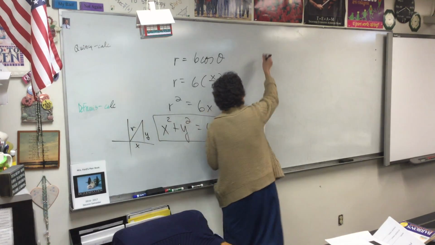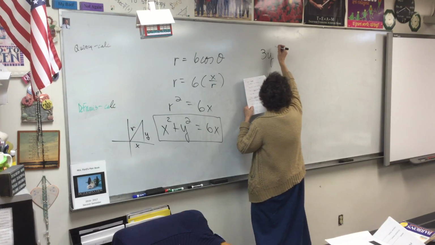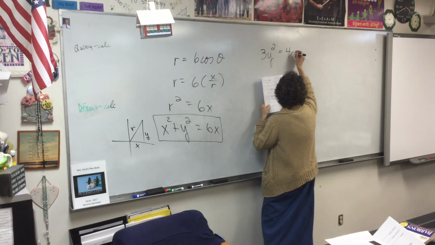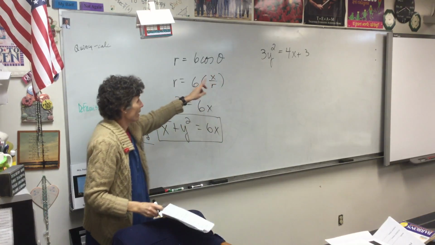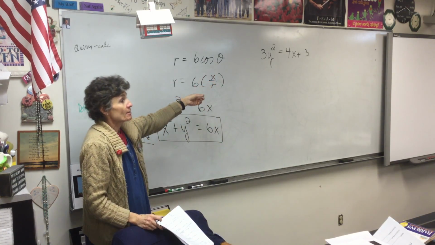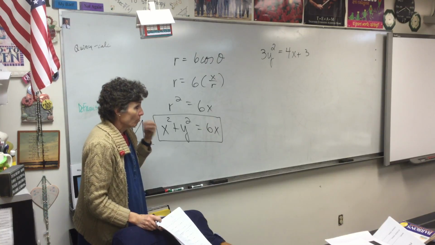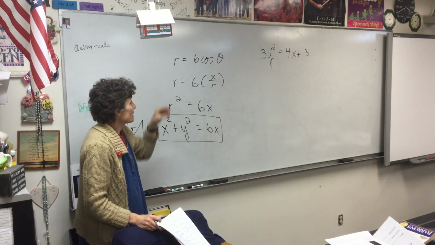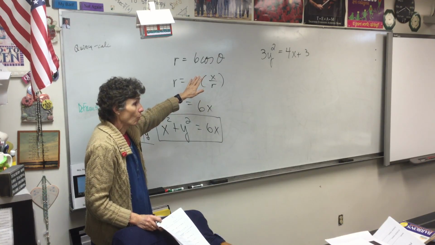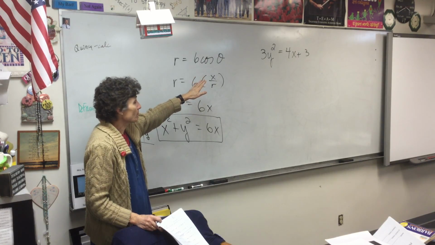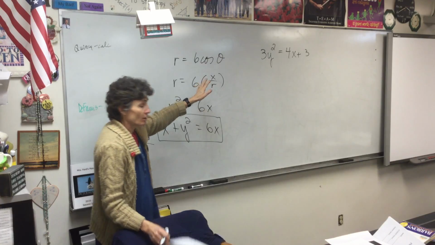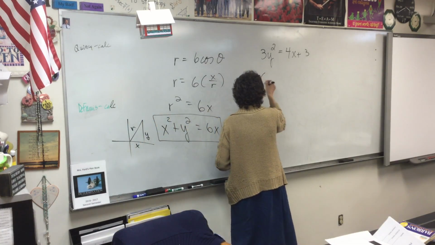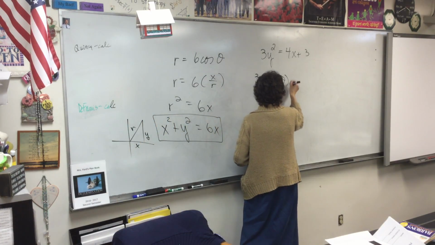All right, now number 7 is the opposite of that. Number 7 is a rectangular equation that we want to write as a polar equation. Now those are the easiest in the whole wide world. Those are simple. What does y equal? R sine theta. So I'm going to take out the y and put in r sine theta.